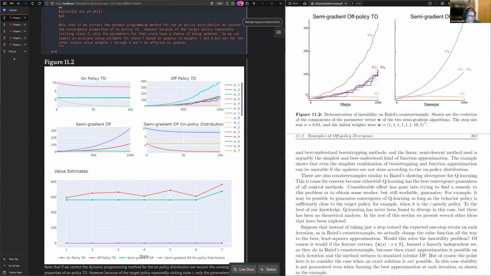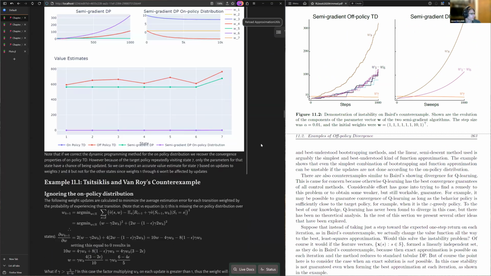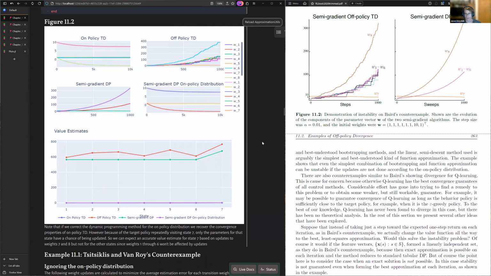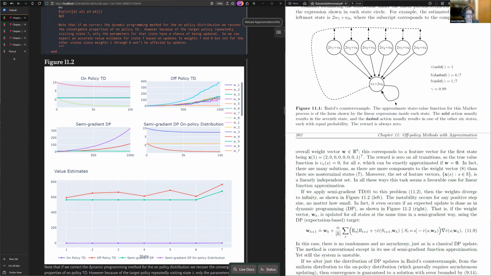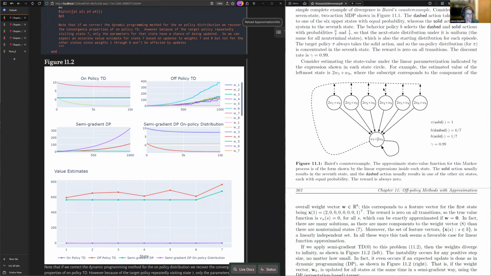Is there anything more to this example? I don't think so. So yeah, we can move on to the next example. And if you look at the reference to this, whatever paper this comes from, there might be an analytical treatment of why this divergence happens.